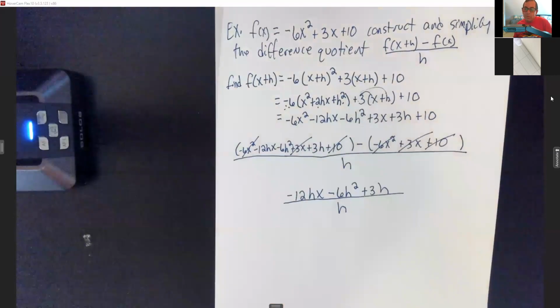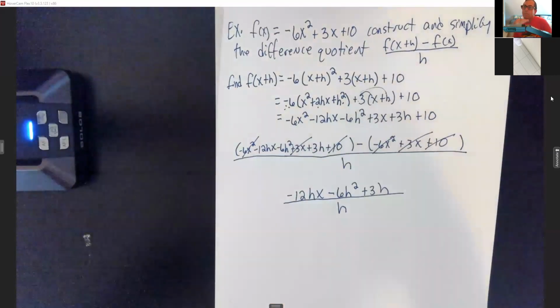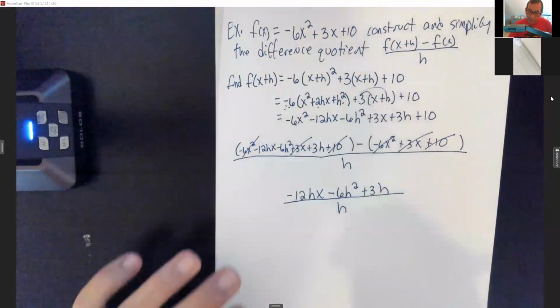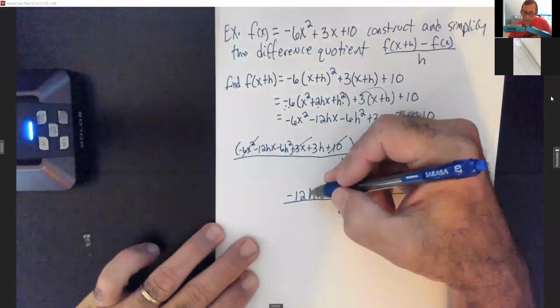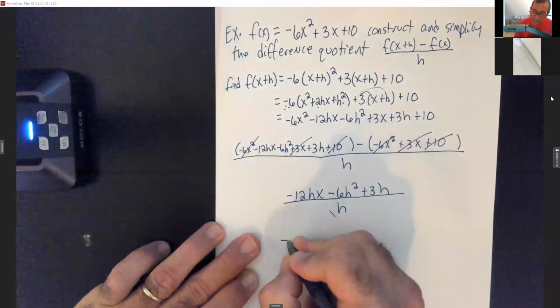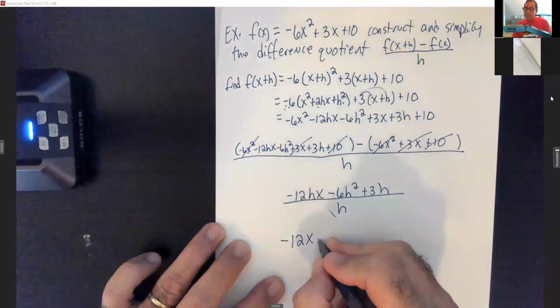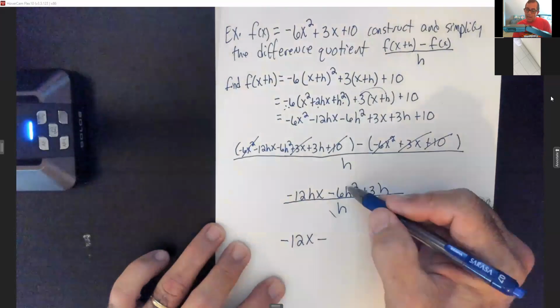So now, since you got 3 parts on top, all 3 parts have to divide by the h. So when you divide the negative 12hx by the h, it cancels, and you end up with a negative 12x minus 6h squared over h.